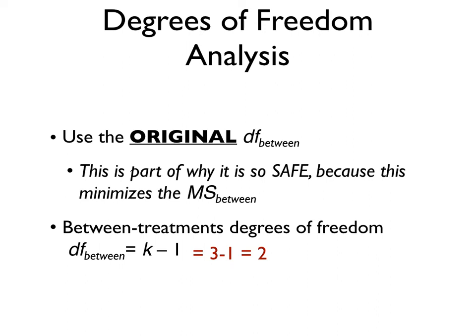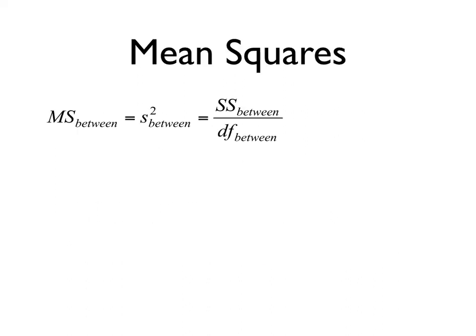So again, our degrees of freedom between will be our original degrees of freedom between. That's 2. And that's one of the reasons it's so safe, because it allows us to hedge our bets and reduce that risk. So our new sum of squares between that we calculated previously was 40.